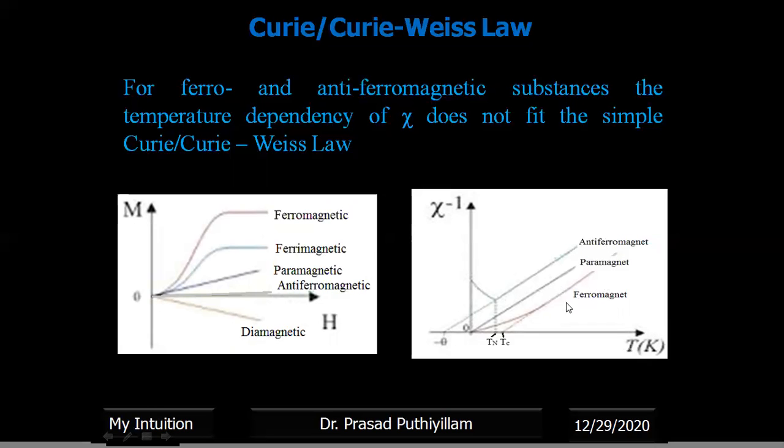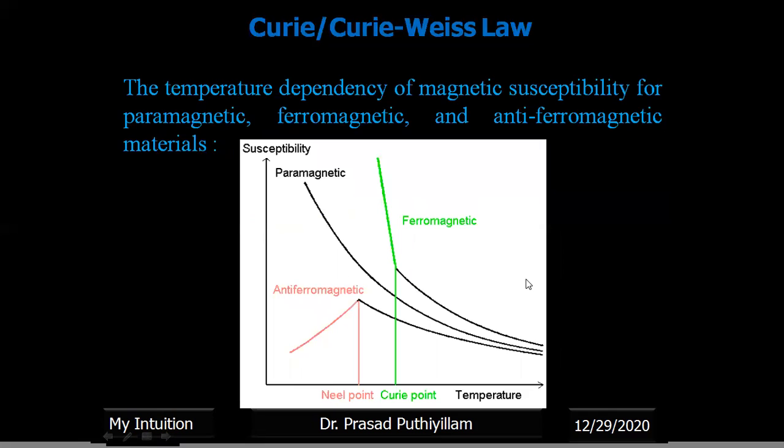Even the ferromagnets are deviating from that. So it introduces a critical temperature known as Tc, which corresponds to the ferromagnet critical temperature, and Tn, the Néel temperature, which corresponds to the antiferromagnets.